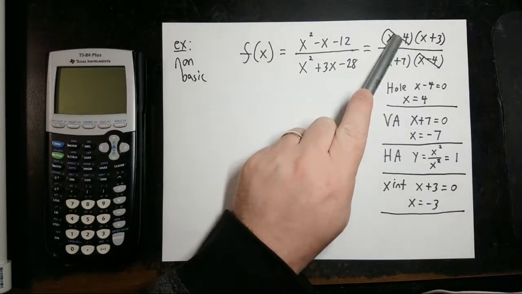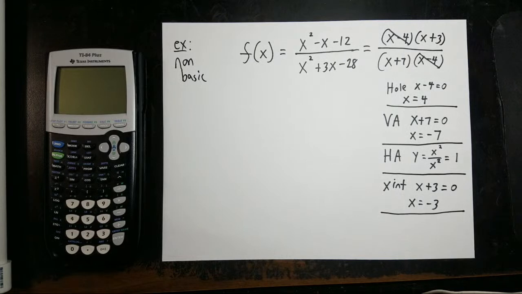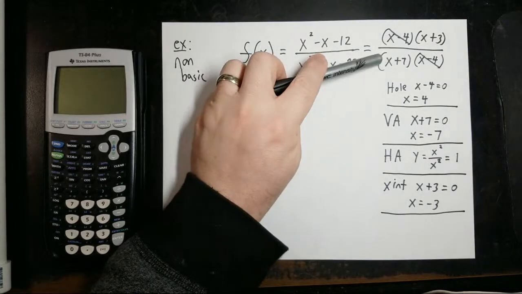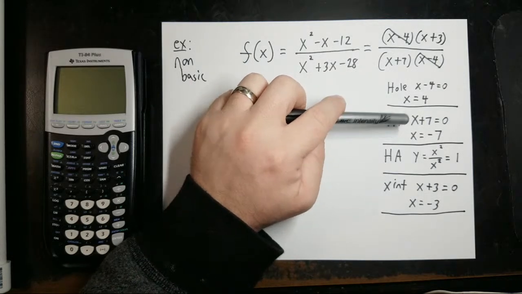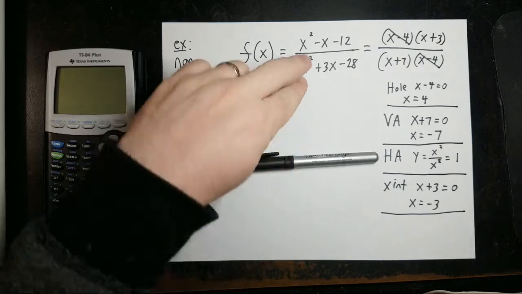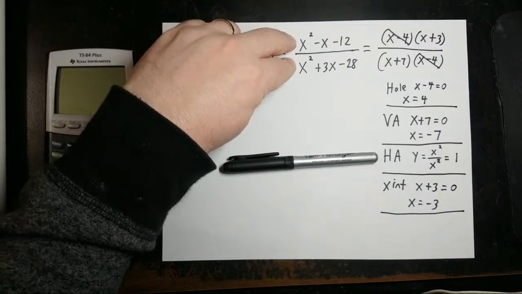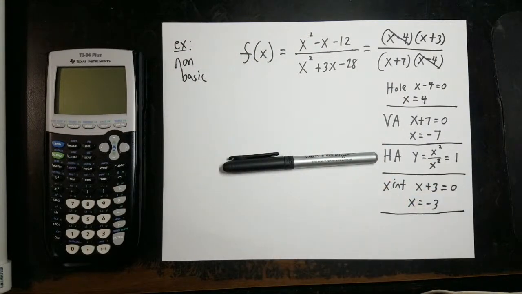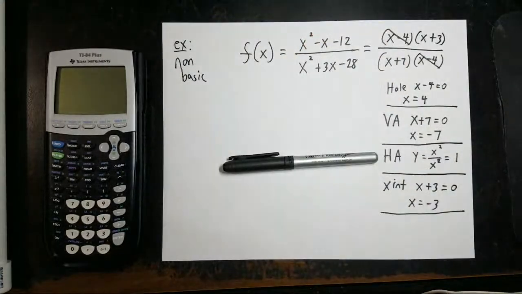If anything cancels out, you have a hole. You can identify any vertical asymptotes by taking the denominator and setting it equal to 0 and solving. You could identify a horizontal asymptote by taking the leading terms of the problem, setting them up in a fraction, and simplifying. You get a horizontal asymptote at 1. You can identify any x-intercepts by taking the simplified numerator, setting it equal to 0 and solving. We have all of this information.